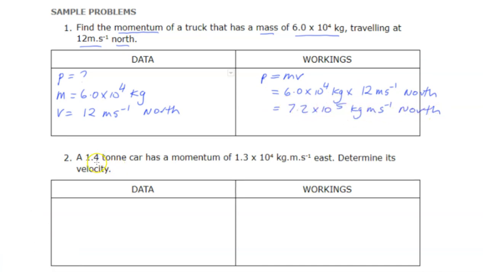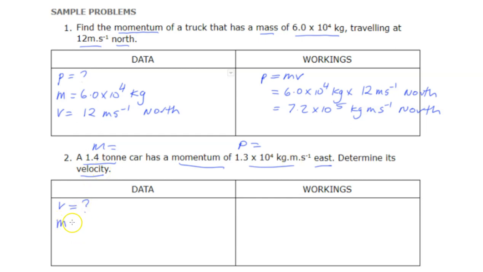Now problem 2, we've got a mass of 1.4 tonne. A momentum is given this time of 1.3 × 10^4 kilograms times meters per second east. This time we need to determine its velocity.